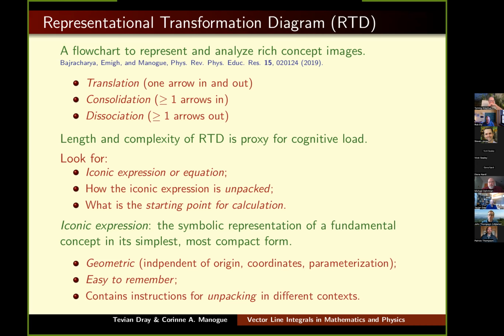Corinne is reminding me in chat that the various connections are time ordered, and that you're looking to see what is happening when someone is solving a problem. The iconic expression is trying to be the symbolic representation in its simplest form. So we look for geometric representations that are easy to remember and that contain instructions for unpacking.